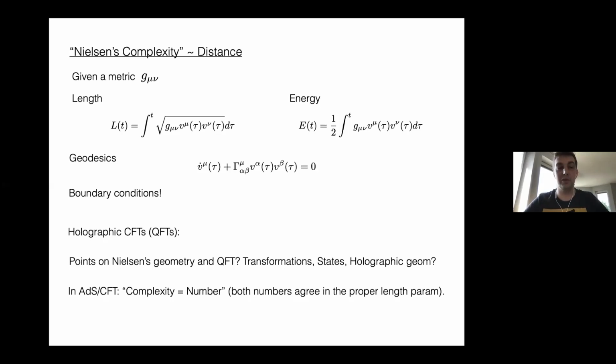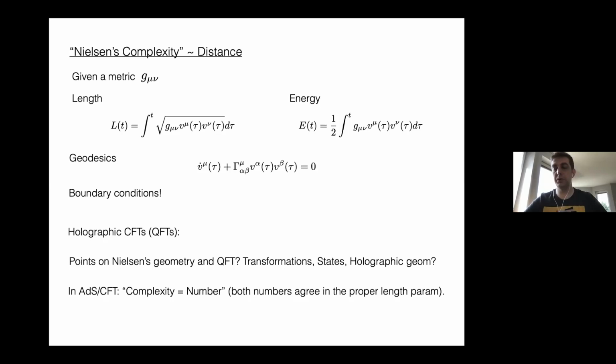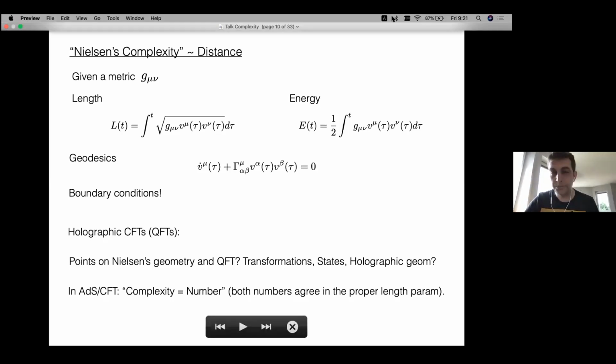If our identification is correct, this number should match. So for energy and for length, both numbers should agree if we use the proper length parametrization, for example. This is all I will need from the basic data. Are there any questions about what I have said so far?